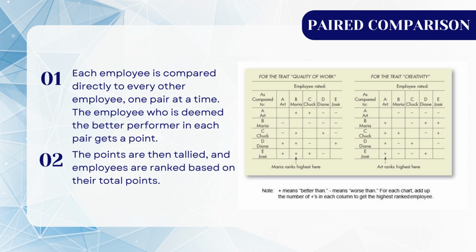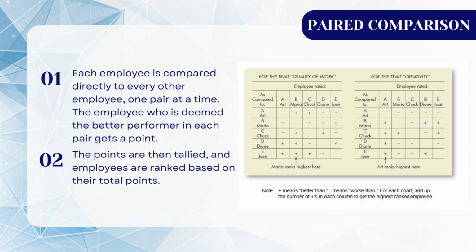However, while it is useful in certain contexts, it also has its own downsides. It can be time consuming, especially in large organizations, due to the exponential increase in comparisons. It also presents a level of complexity in administration and interpretation, leading to potential confusion or misinterpretation.